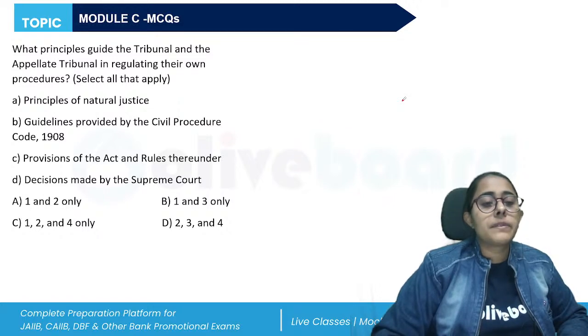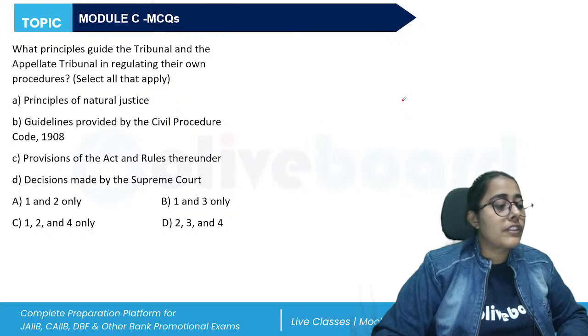Next, what principles guide the tribunal and the appellate tribunal in regulating their own procedure? When the DRT and the DRAT are taking care of their own procedures, what principles guide them? 1, the principles of natural justice; 2, the guidelines provided by the Civil Procedure Code 1908; 3, provisions of the Act and rules thereunder; 4, decisions made by the Supreme Court.